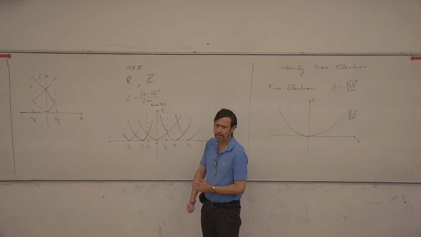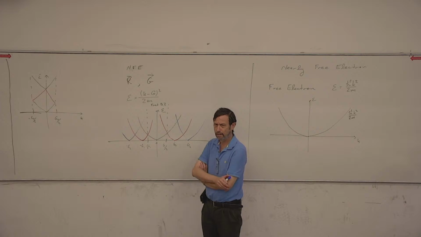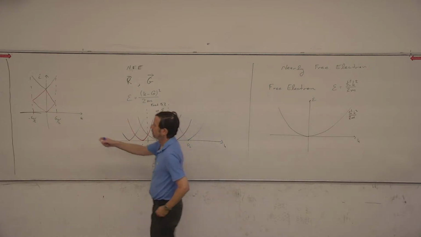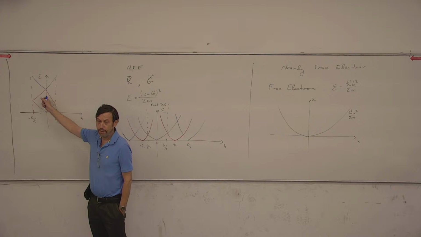Now you look on it and you say, sorry, that doesn't remind me of anything from free electrons, right? Looks completely different. But wait a minute. I have a symmetry. K and K minus G is the same.